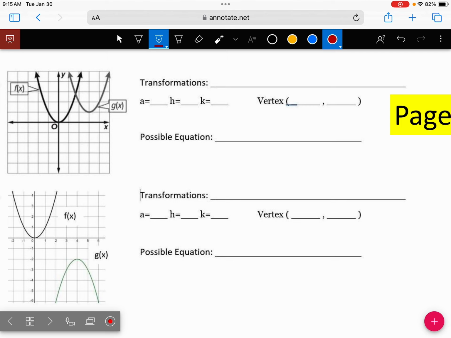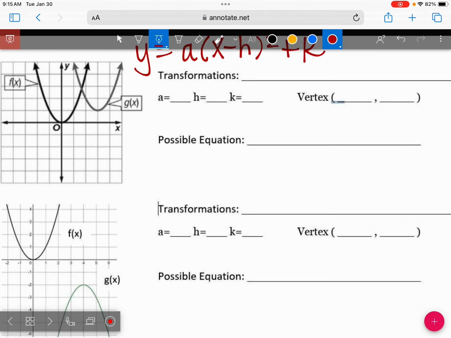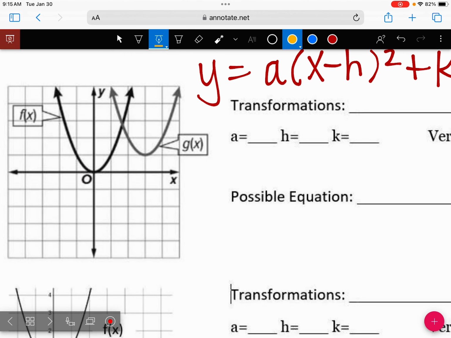So again, we have y equals a, and then it's x minus h squared. Sorry, I'm trying to fit this in there. Okay. All right, so this is my graph here. Let me zoom in. This moved twice. So what's one change?